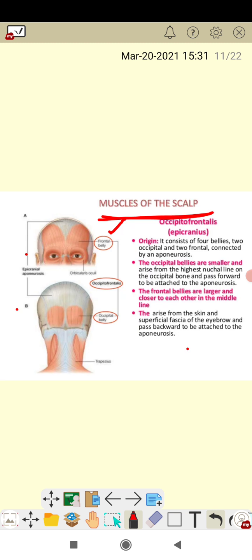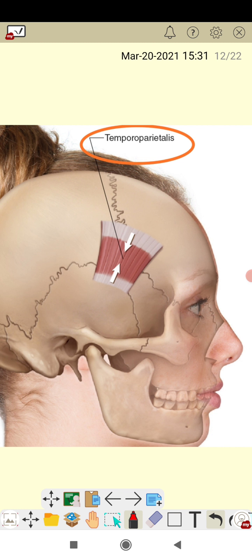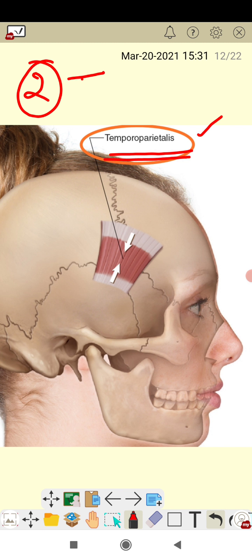Now the second muscle in scalp, which is variable, is temporoparietalis muscle. It arises from the galea aponeurotica and is inserted into the root of the auricle. It's a variable muscle.